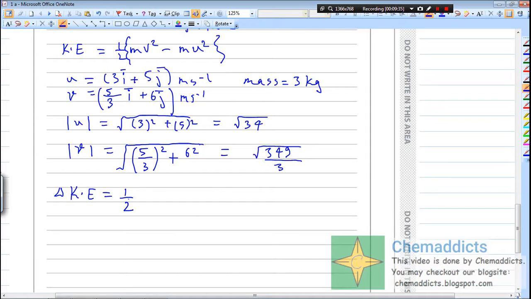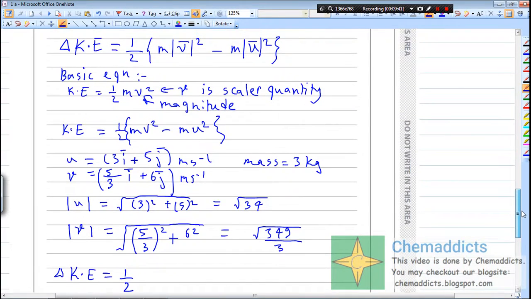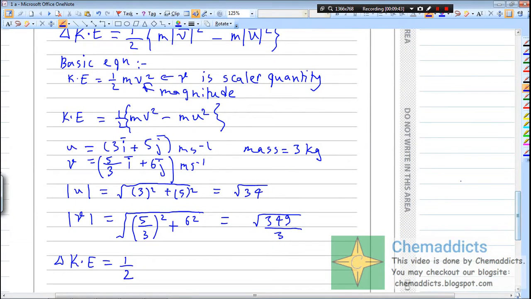According to the previous formula, where is the previous formula? Yes, here. So this should be half. Let us take mass common.